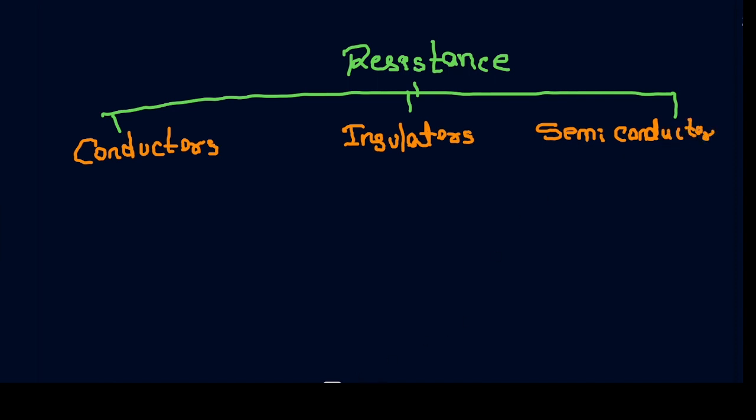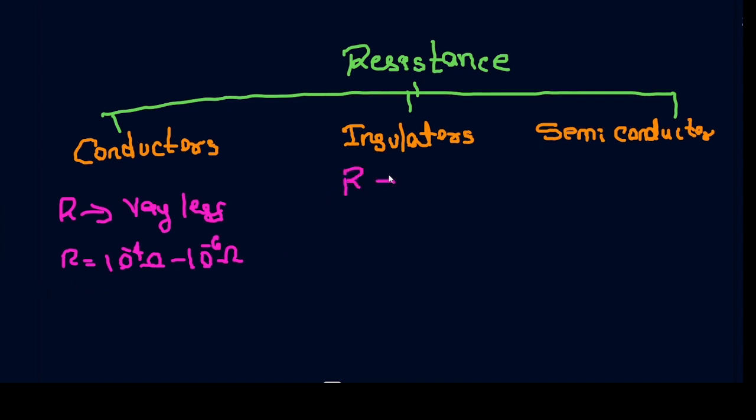Okay, so here in conductors, resistance is very less. R is very less. It is of the order of 10 to the power of minus 4 ohm to 10 to the power of minus 6 ohms. This is the resistance conductors have. But when it comes to insulators, R is very high.